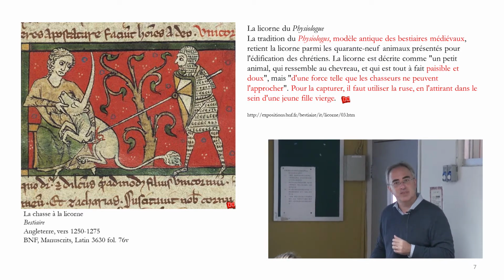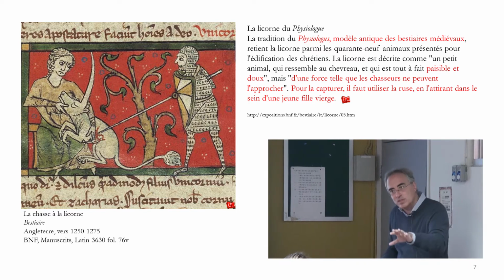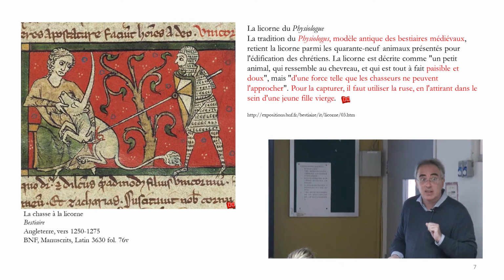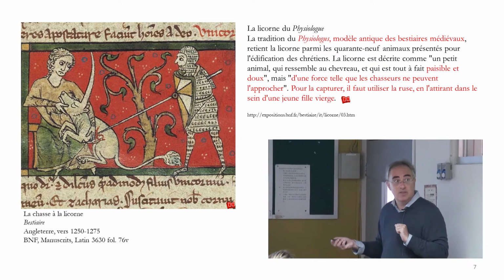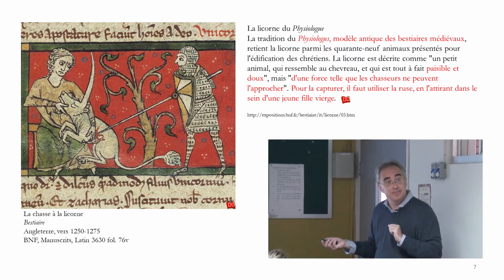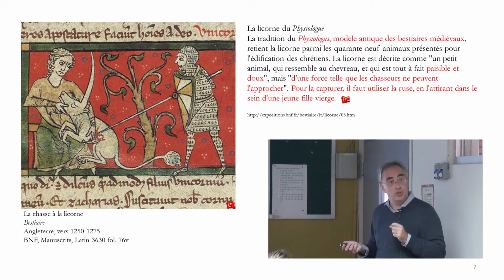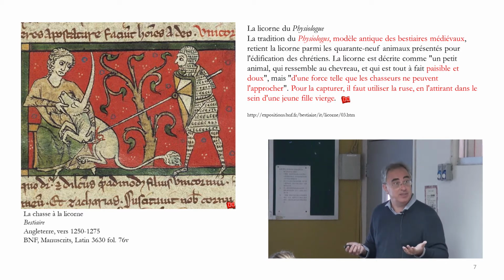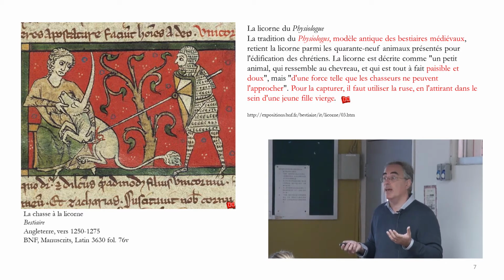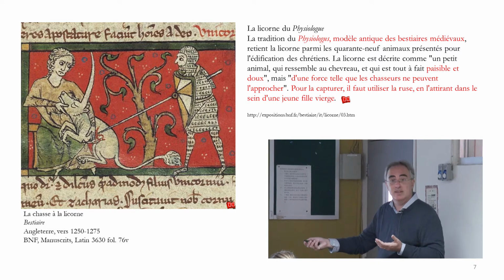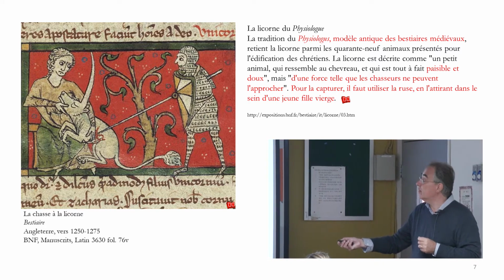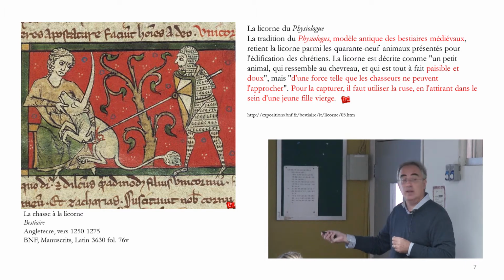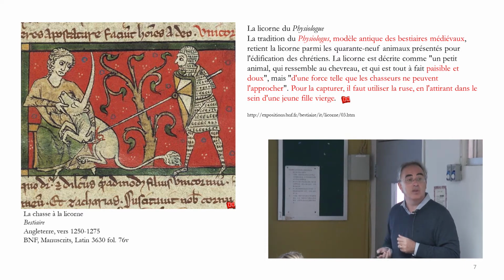They needed to be tricked into staying. And the trick that works is asking a young virgin woman to call for the unicorn. The unicorn is going to be impressed and come and lay his head in her lap, and then and only then will the hunters be able to catch it.